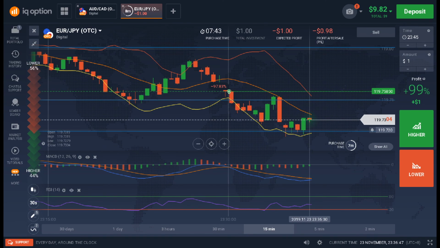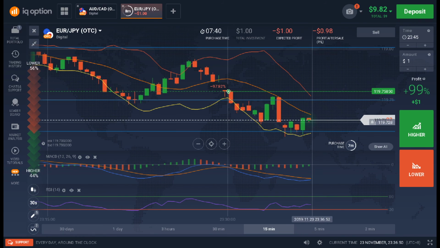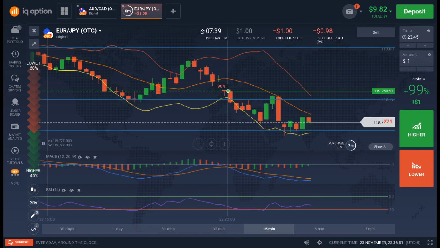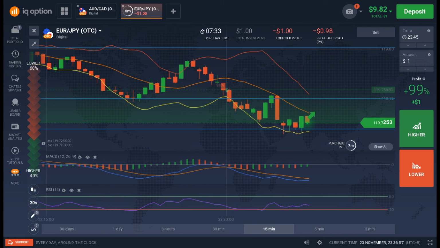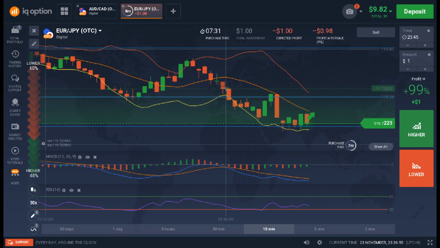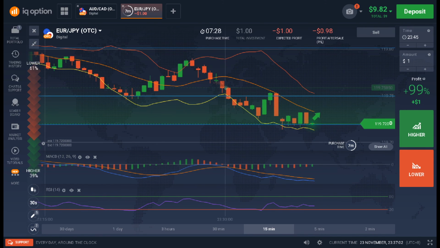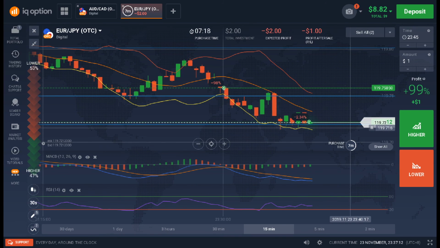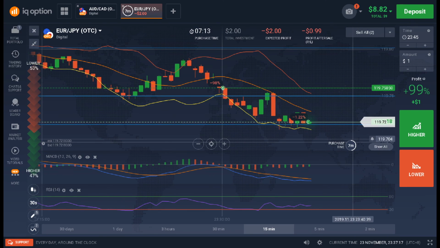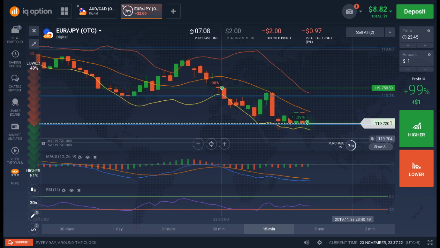I bet it's trying to stabilize at the 119 level before it goes up. It's trying to create that support in this area. One last. Promise, when this 7-minute mark ends, I'm done for the day. So tempting.